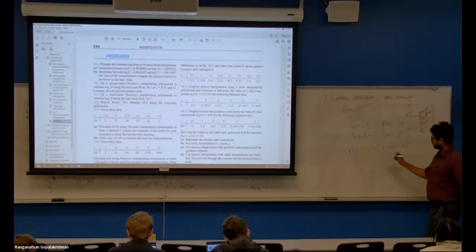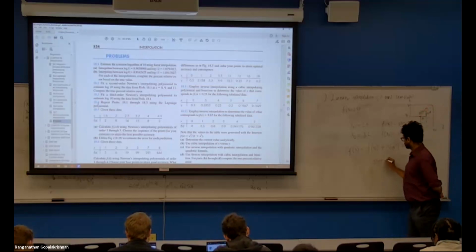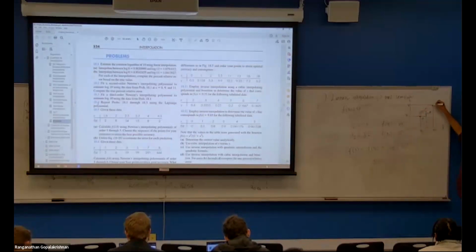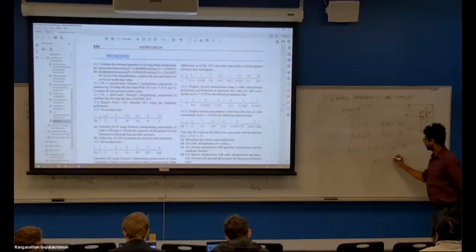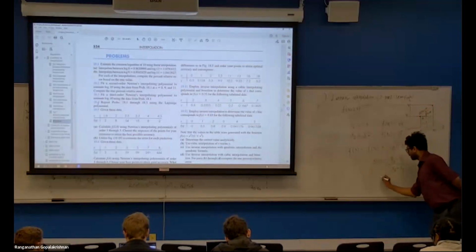And what is the slope? If you draw a triangle between this x1 and x2, y1 and y2, the slope is y2 minus y1 divided by x2 minus x1. And delta x is x minus x1.